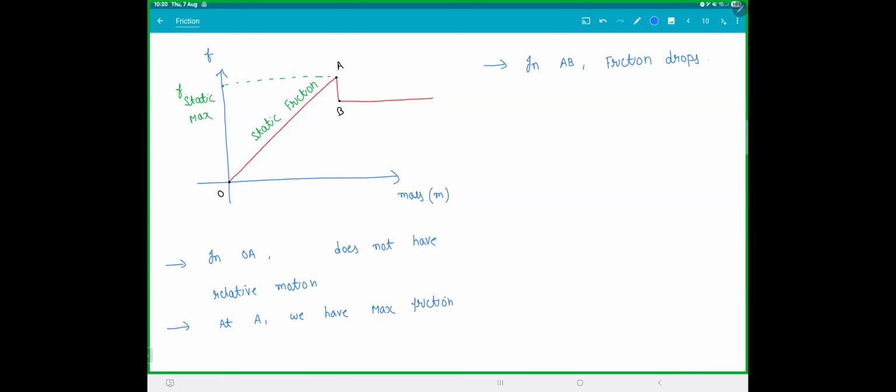Now, why does that happen? Think of it like this. Imagine you are there and let's say I'm trying to run away. Tell me in which case it is easier, or in which case are you applying more force? Case one, I'm standing here and you're catching me. Case two, I'm running with speed V and you're trying to catch me.